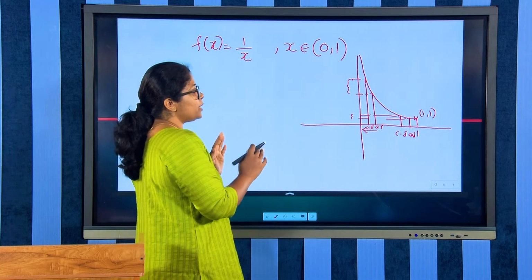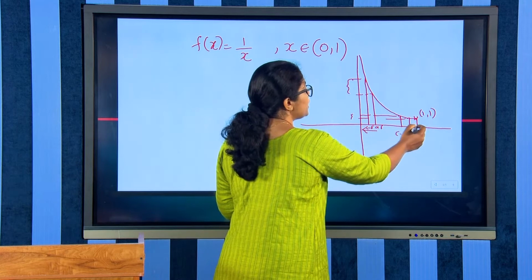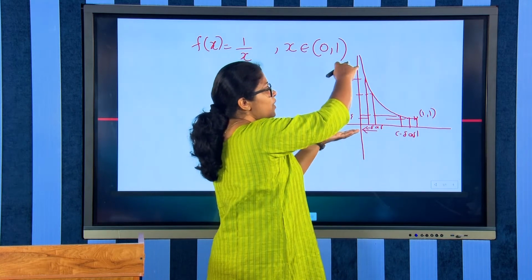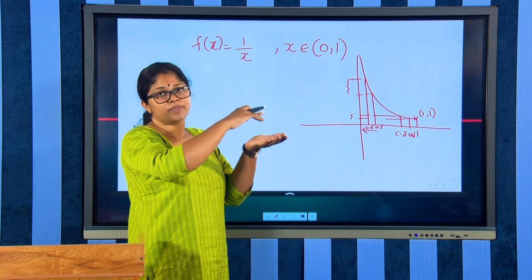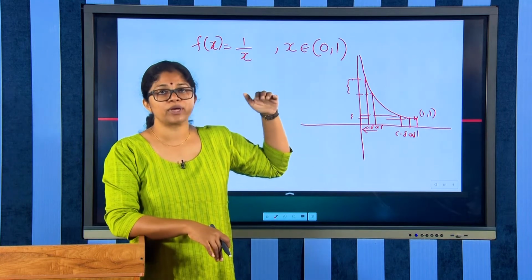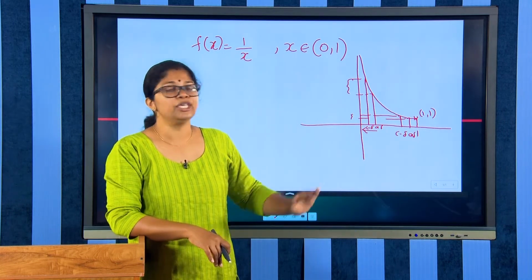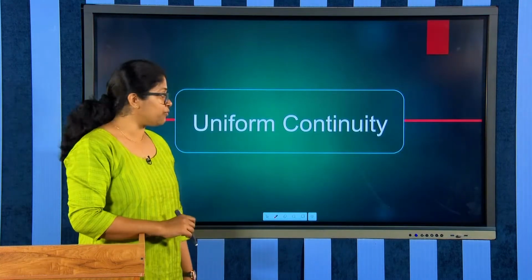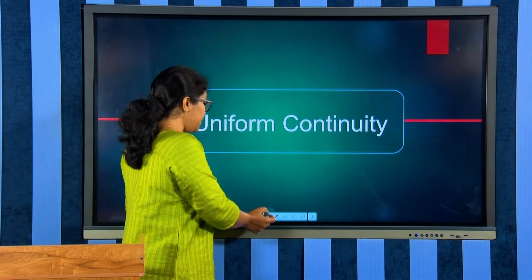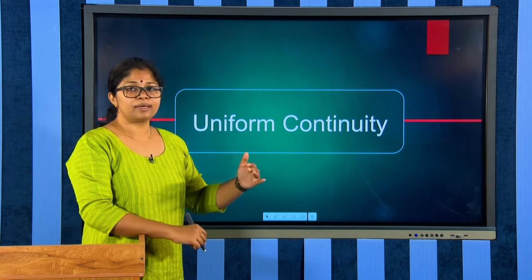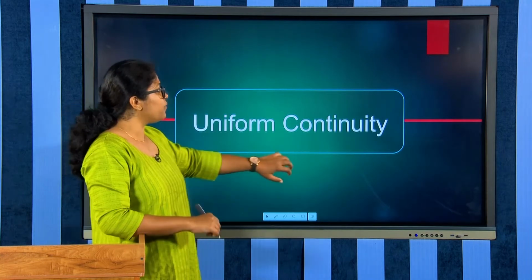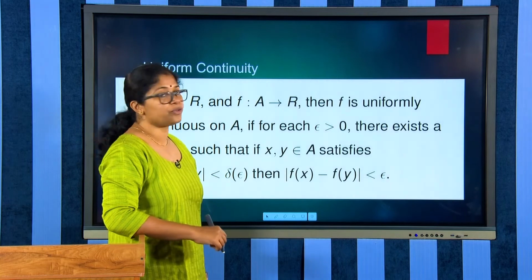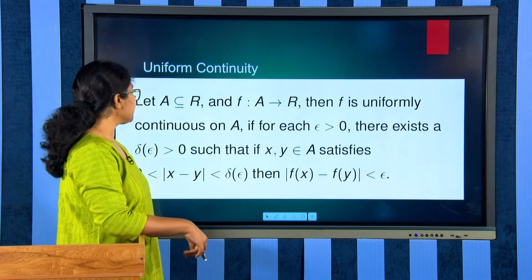Whatever be the point that we are choosing, the variation of the corresponding function values should be uniform. So that is the concept of uniform continuity, and with that insight we can look at the definition of a uniformly continuous function.